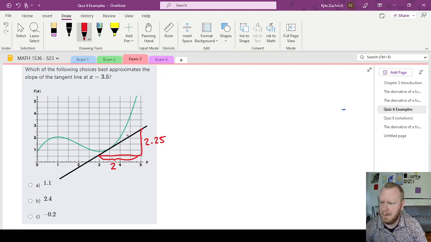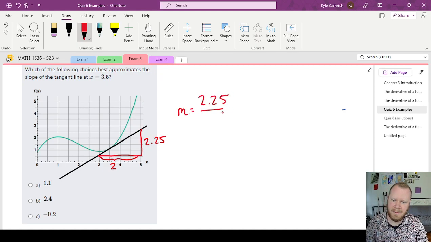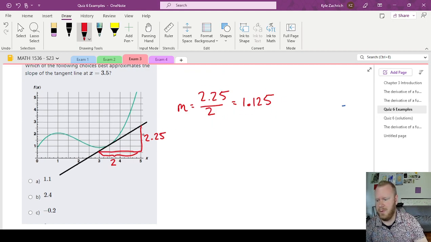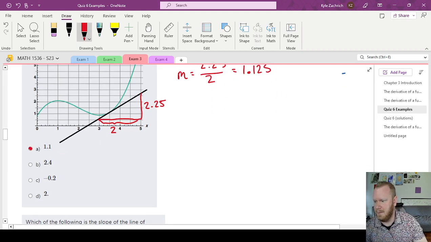Not quite way up to here. So rise over run, and it is positive here, right? Okay, so 1.125, that's looking like the closest.